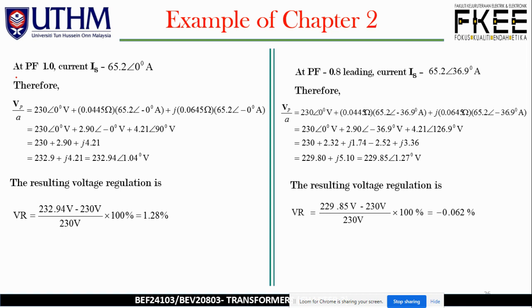So what if you have a unity power factor? Of course we have 0 over here, so arccos 1.0 gives us the angle 0. This is not minus, don't get confused, this is equal, not negative.